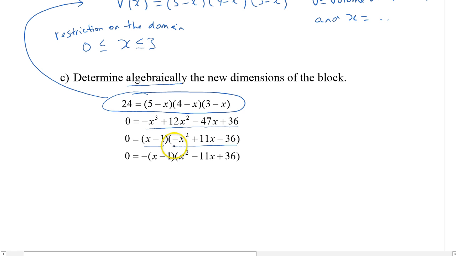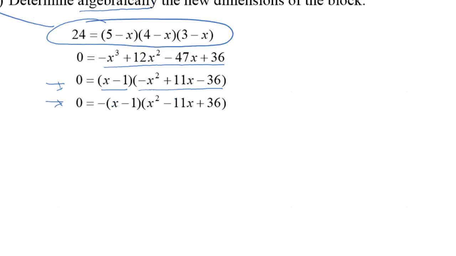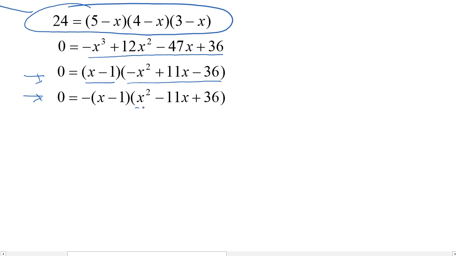Now it's a little uncomfortable to look at that trinomial where that a value is negative, so what has been done from this line to this line here is you can see that a negative has been factored out of that trinomial. So the negative is brought out front, and this is turned positive, this is negative, and this is positive. So at this point I'm wondering, is it possible to find more factors in that trinomial?